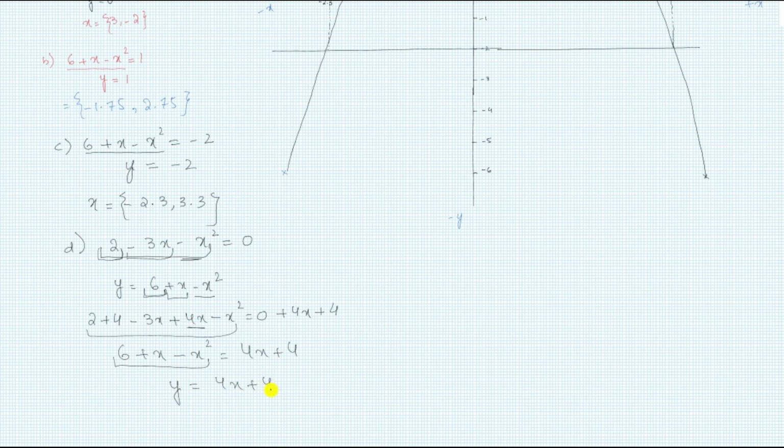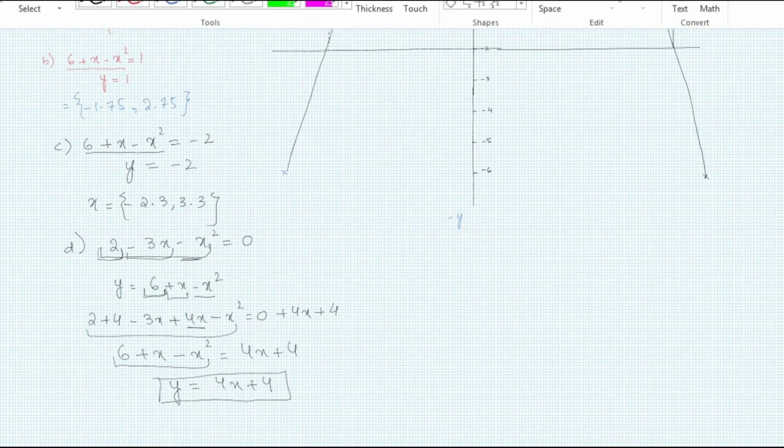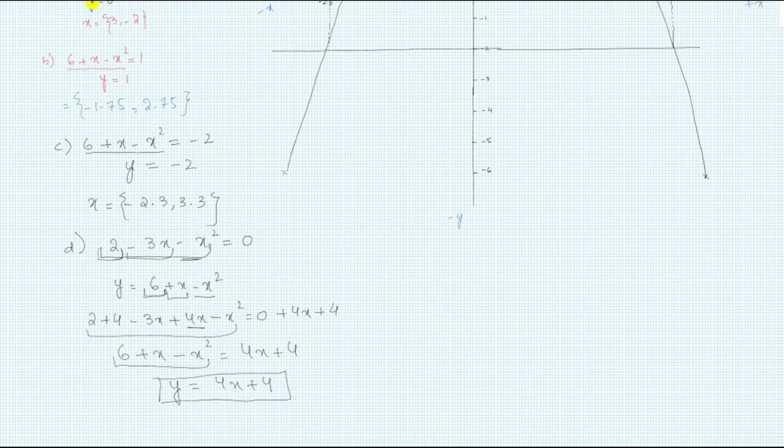Do remember, now that we have the straight line equation, how will we draw this on the graph? We will find two values of x and y, and then we will use those two values to draw the straight line on the graph. As we know that in this question, the x values start from minus 3 and end at 4.